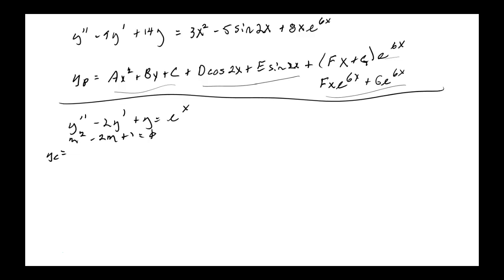So it's m equals 1 and m equals 1. So what would be your complementary solution? C1 e to the x plus C2 x e to the x.